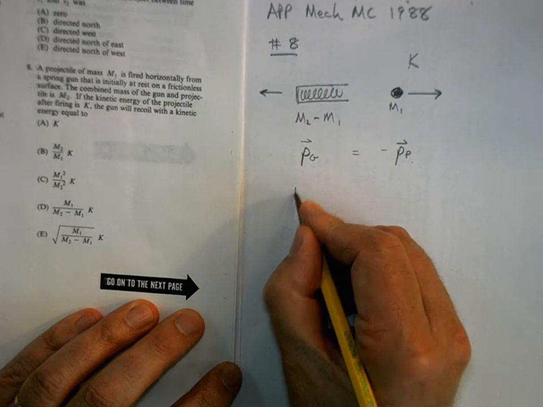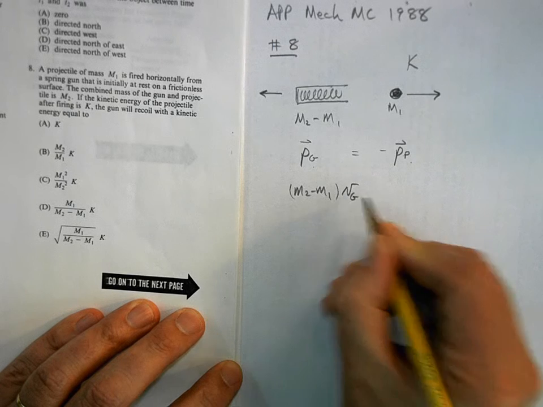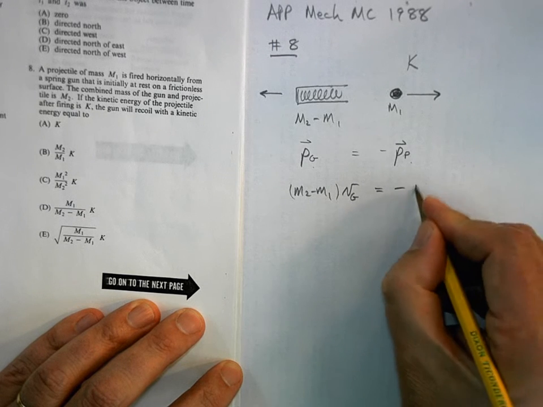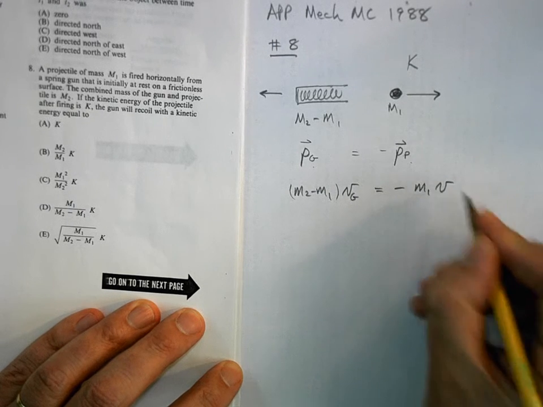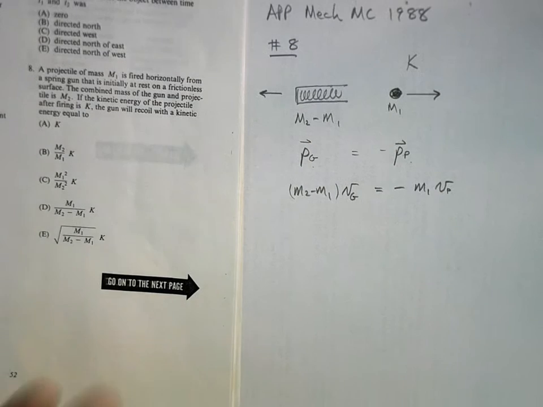So this is M2 minus M1 times the velocity of the gun is equal to M1 times the velocity of the projectile. Now, here's the thing. It's asking about kinetic energy. Here's the trick. Square both sides.